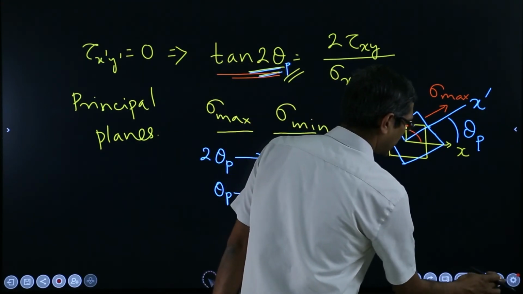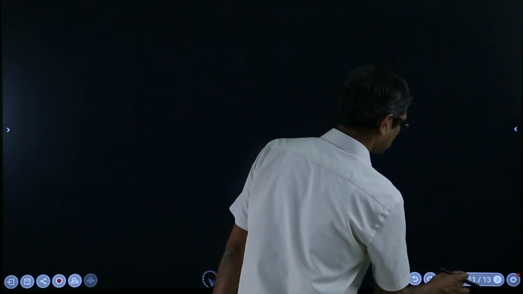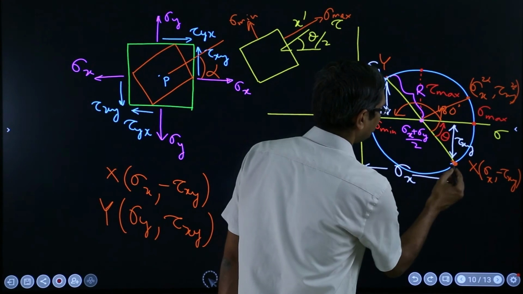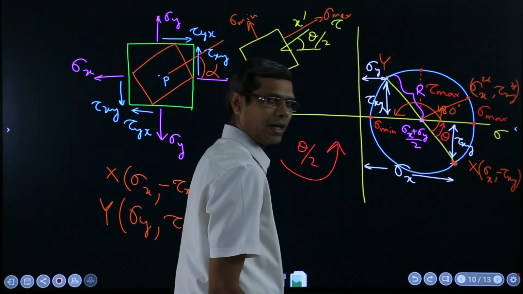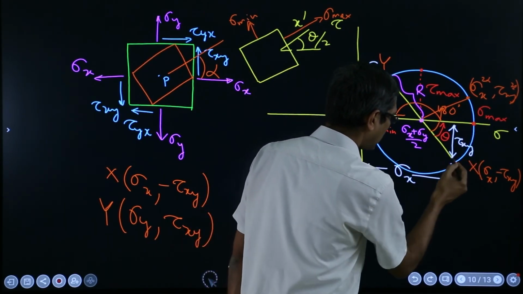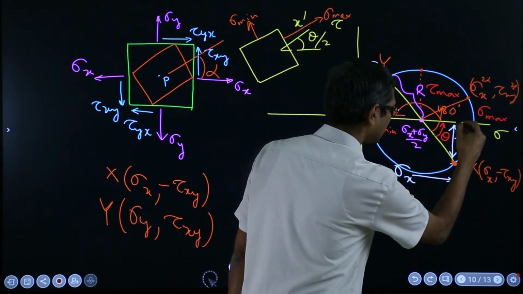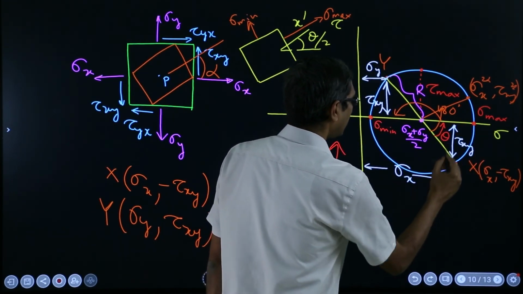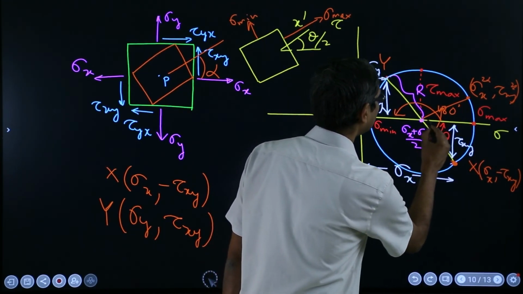Let's see, can you read it from the picture? So now you see here, this is the point, and this length is tau xy. And how much is this length?